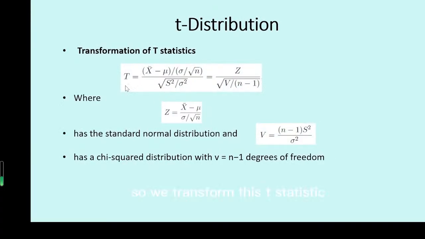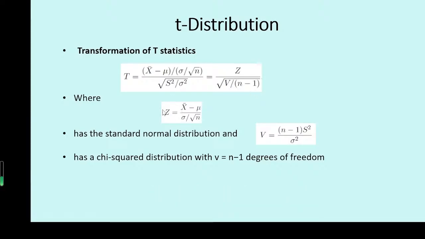We transform this t statistic a step further, dividing by sigma, the unknown population standard deviation, over the square root of n. Then we get t equals z divided by the square root of v over n minus 1.